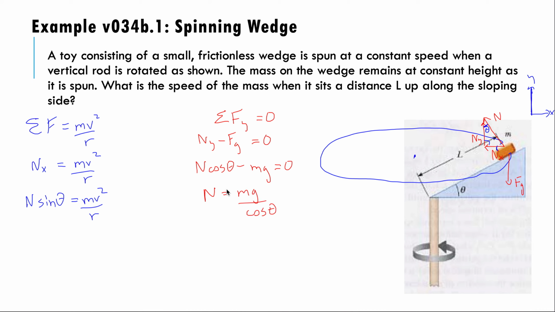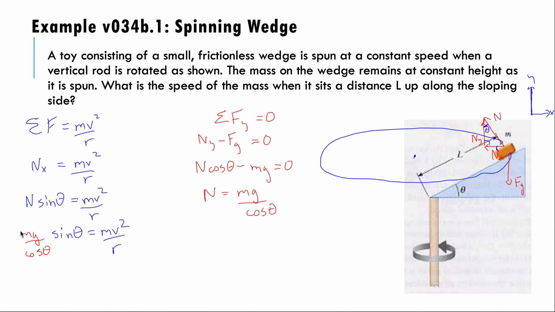We know that we want to plug this n into this n over here. So let's go ahead and plug in this n here. So we're going to have mg over cosine theta for n, and then we're going to have sine theta equals mv squared over r.